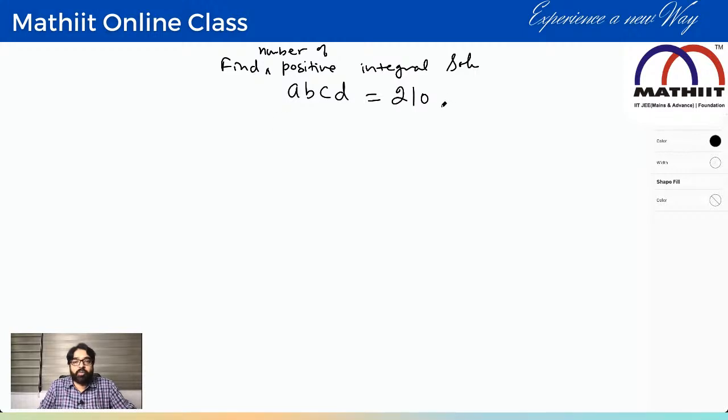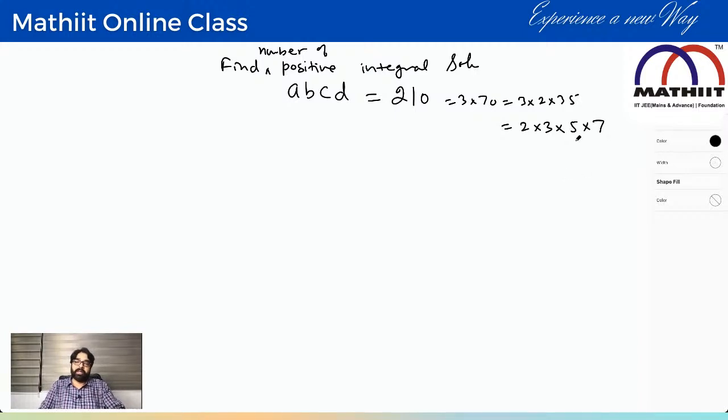This 210 can be factorized. 3 into 70, that will be 3 into 2 into 35, and 35 is 5 into 7. So 2 into 3 into 5 into 7.